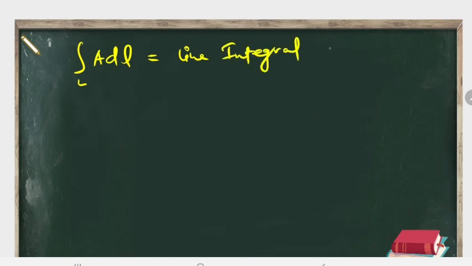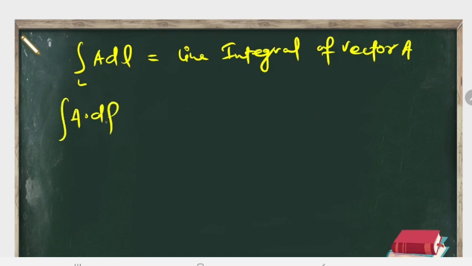So along the line, if you have a vector field A, then the line integral of vector field A along the line L is the integral of A dot dl.